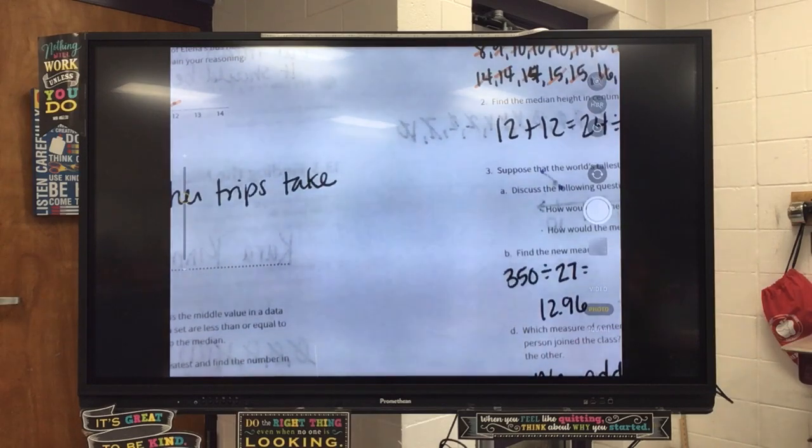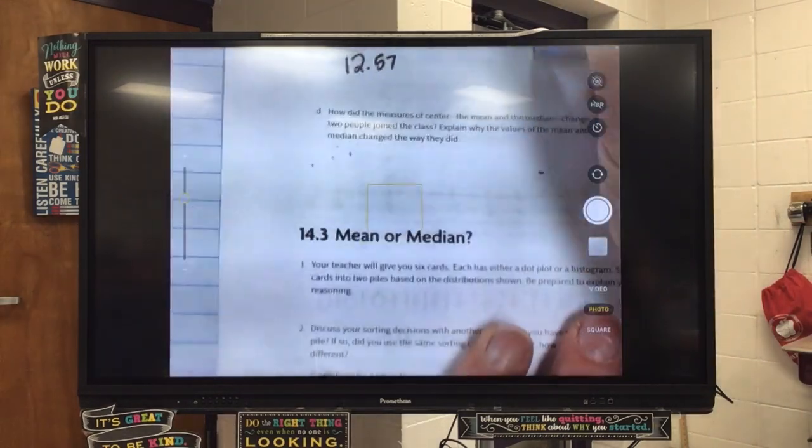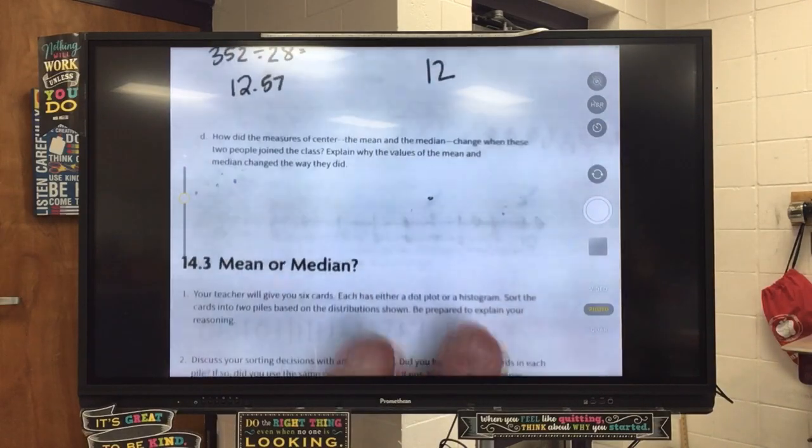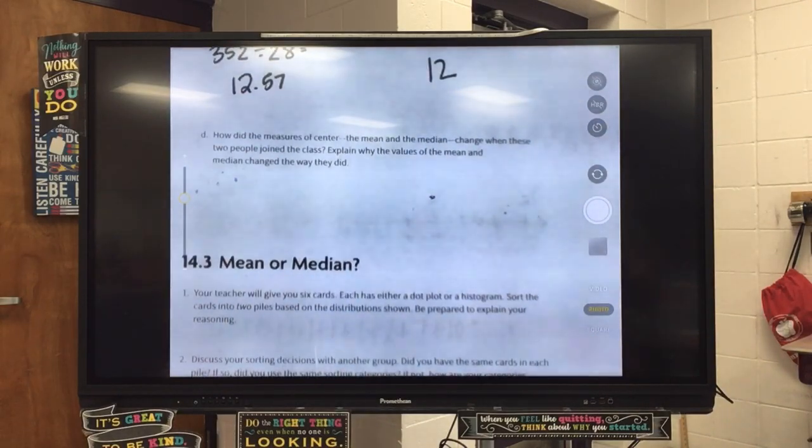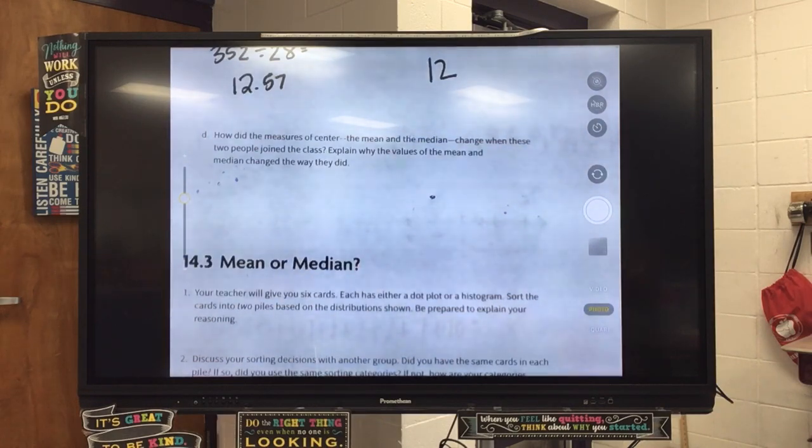All right. And the last question you should have answered: how did the measure of center, the mean and the median, change when these 2 people joined the class? When we added our person with 26 letters and then our person with 2 letters, how did it change our measure of center? Yes, Callie. The mean decreased.